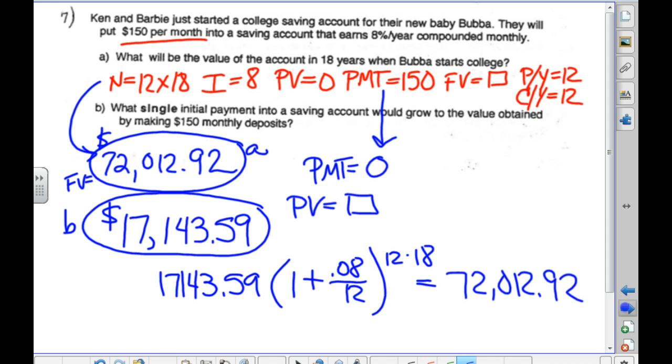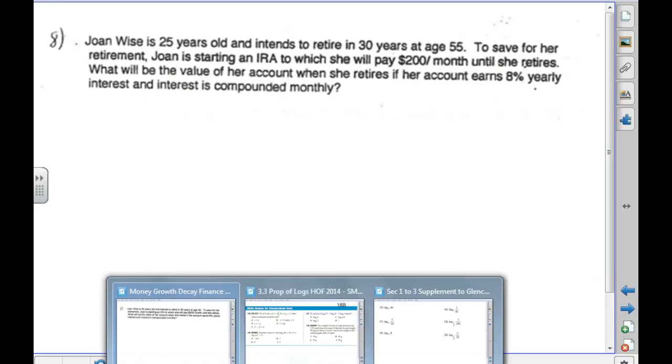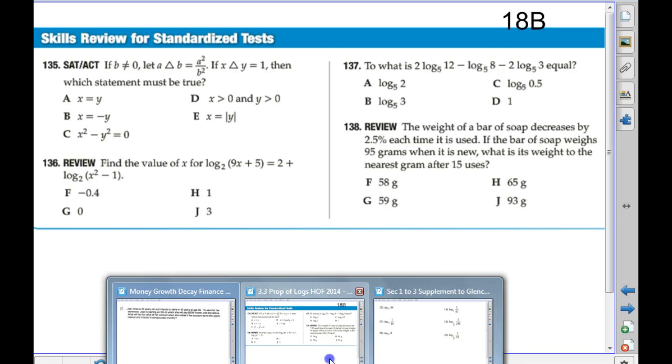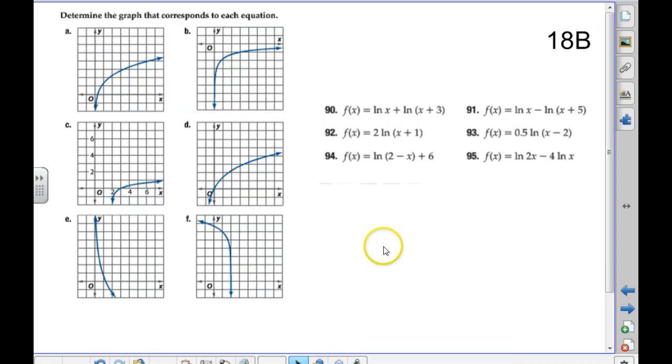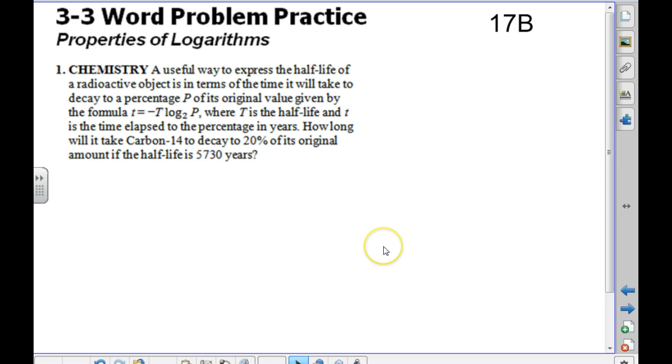Okay, I'm gonna talk about worksheet 17. See if maybe my tablet is working. I have my doubts. Okay guys, worksheet 17, which question, Caroline?